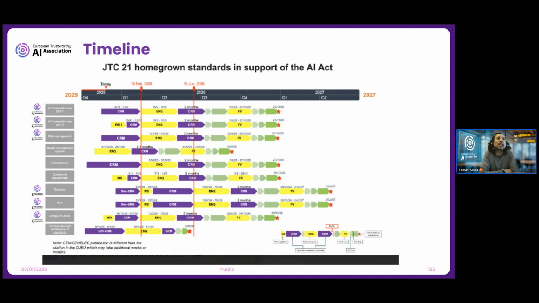Then, as we can see, we are a little bit short on time, and we try to do our best, and the association is also contributing in the best way to respect this work timeline. Of course, there is this one, and there is a second one. As we can see, we have the association where it is contributing.